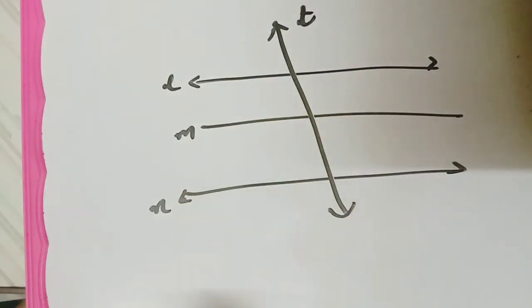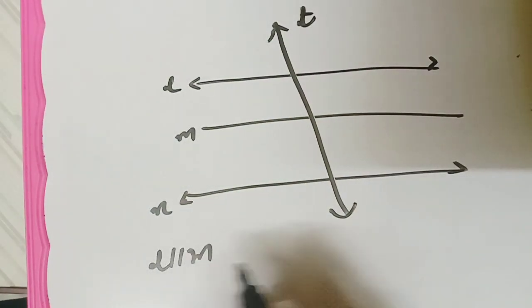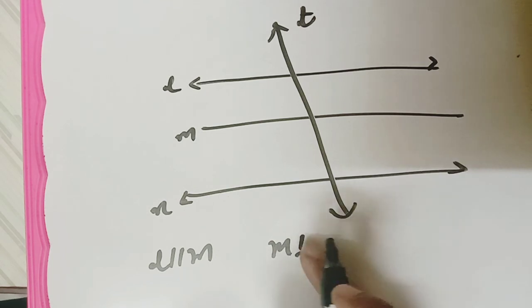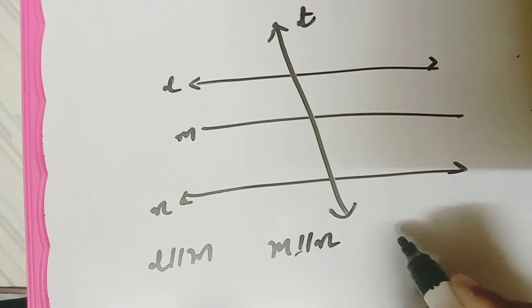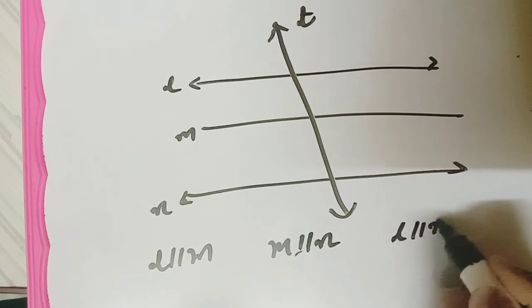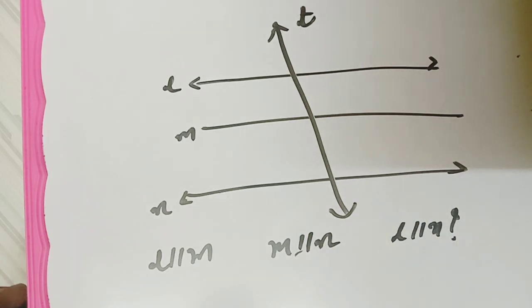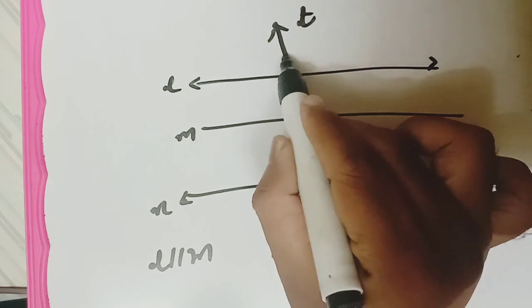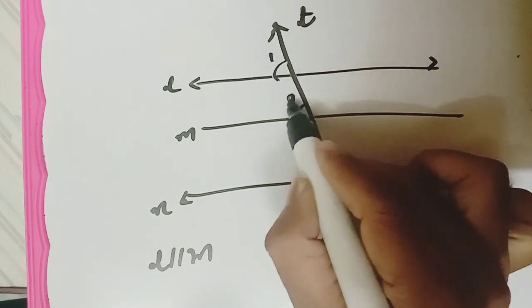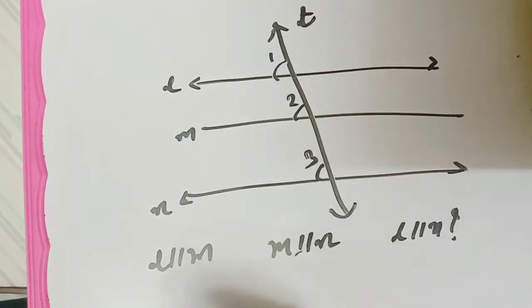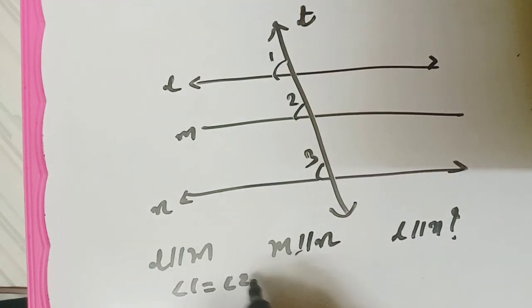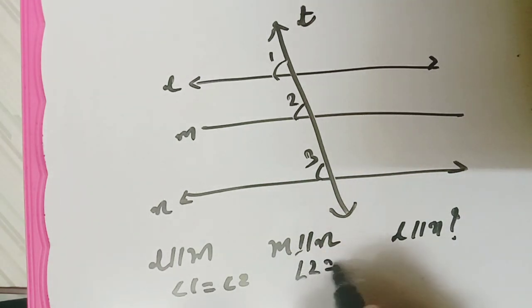Then, given L parallel to M and M parallel to N, is L parallel to N or not? That is the question. So here L is parallel to M, and we take angle 1, angle 2 and angle 3. Then angle 1 equals angle 2, as they are corresponding angles. And M parallel to N, so angle 2 equals angle 3.